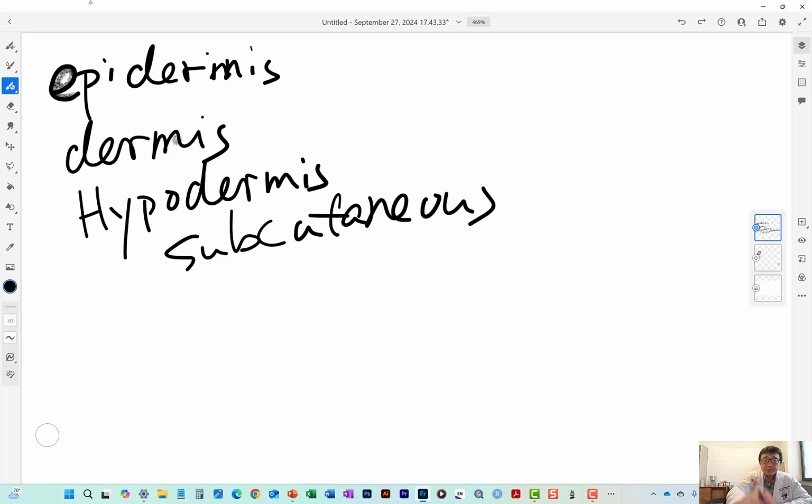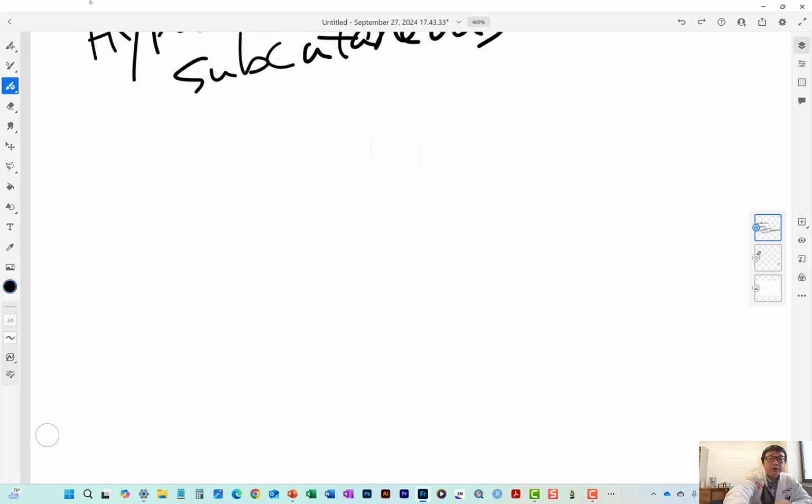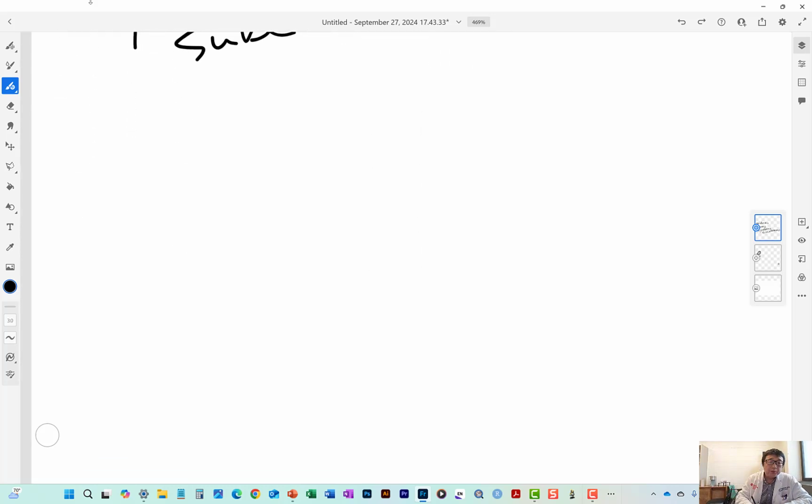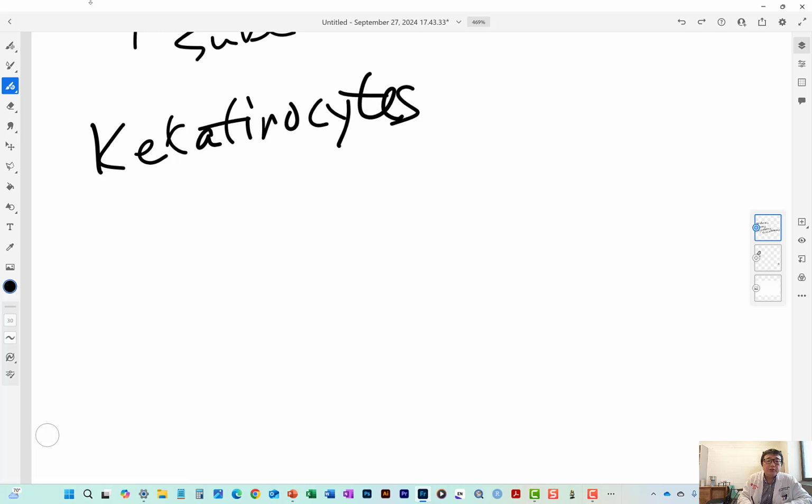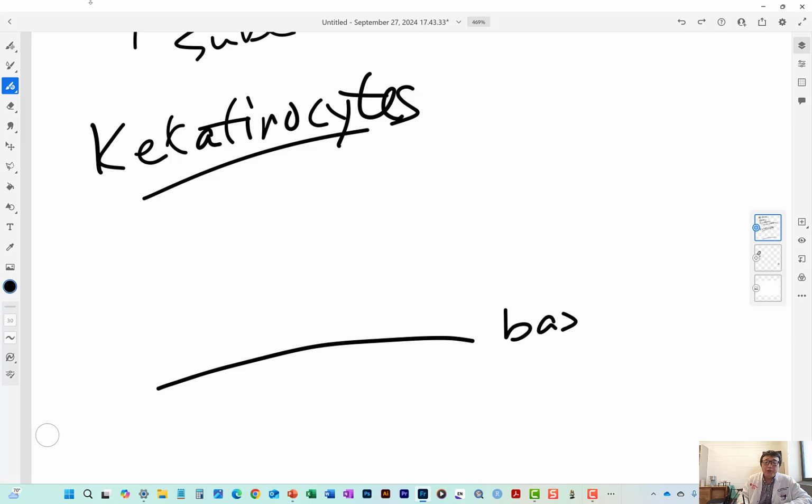Let's first focus on the epidermis. There's mainly one type of cell, keratinocytes. At the very baseline of the epidermis, there's a basal layer.